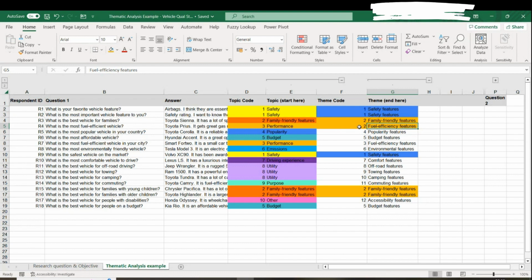So here is fuel efficiency, and then the other theme is fuel efficiency features. So we would look for relevant topics that relate to fuel efficiency features.